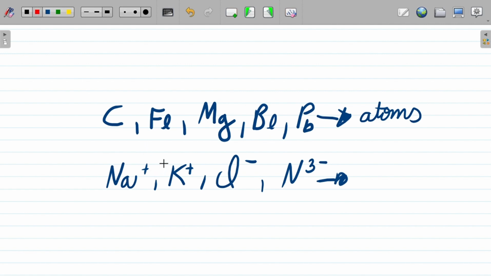Right here you have a +1 charge, a +1 charge, a -1 charge, and a -3 charge. So this group of elements we call ions. In summary, the first group with no charges consists of neutral atoms. The second group with charges consists of ions.